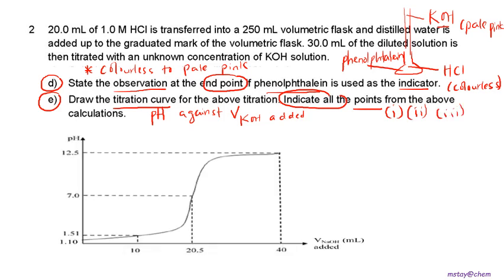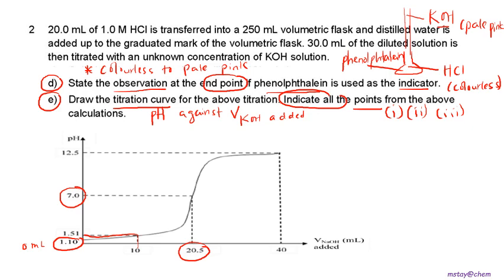So let's check out the points. Initially the pH is 1.1 when there is no KOH added. When 10 ml of KOH is added, the pH value is 1.51. At the equivalence point, which is 20.5 ml, the pH value will be 7 because HCl and KOH are a strong acid and a strong base.